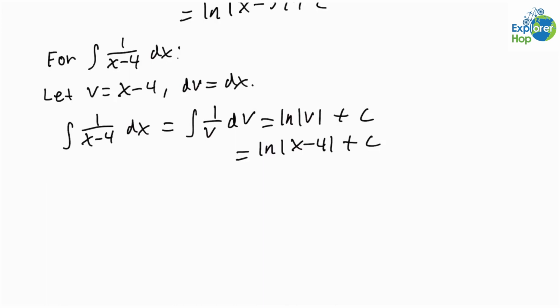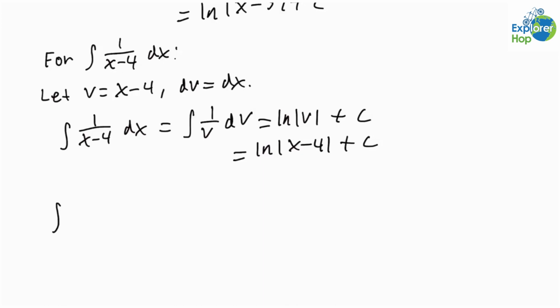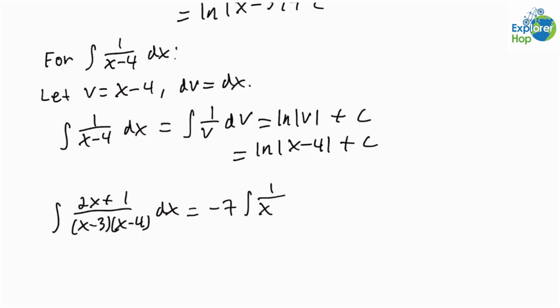Putting everything together now, we get that the integral of 2x plus 1 over x minus 3 times x minus 4 dx, which we already know is equal to negative 7 times the integral of 1 over x minus 3 dx plus 9 times the integral of 1 over x minus 4 dx.